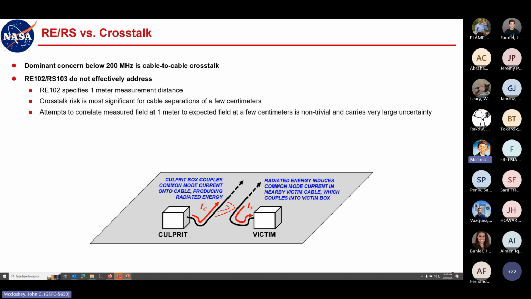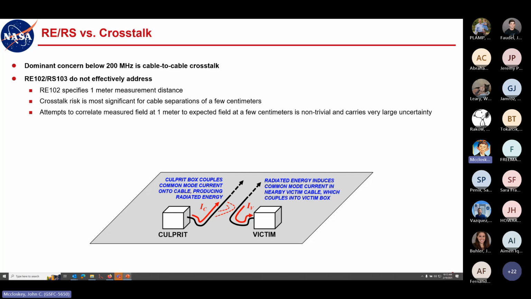I have never encountered a cable-to-cable crosstalk problem at a 1 meter distance when cables are 1 meter apart. That just doesn't happen. We're generally concerned with crosstalk in cables in the same bundle or very close together, on the order of 1 or 2 centimeters apart. And any attempts to correlate a measured field at 1 meter to an expected field at a few centimeters is non-trivial and carries very large uncertainty, and that's putting it very mildly.